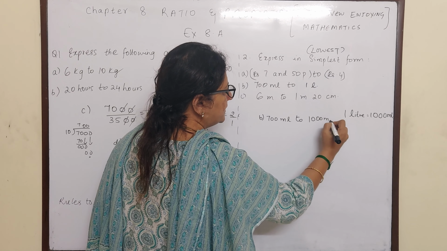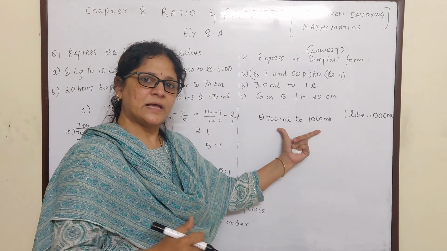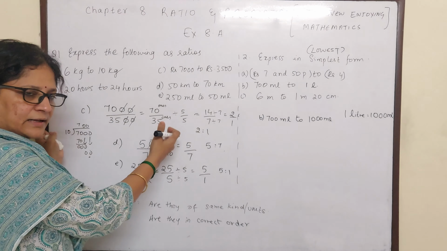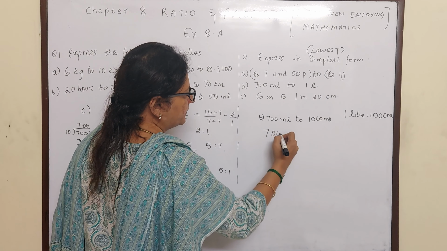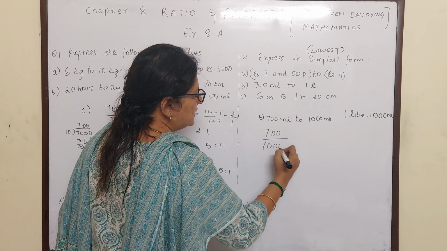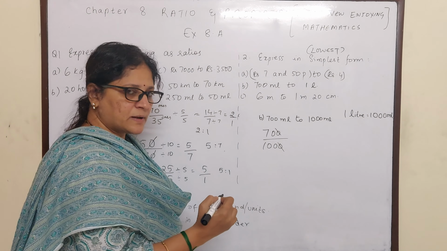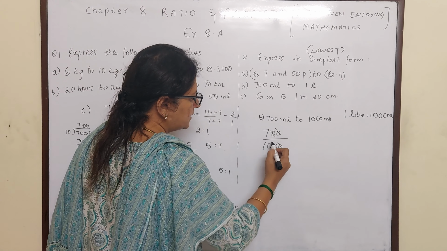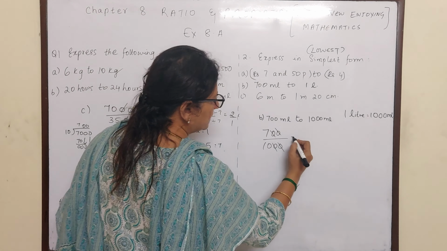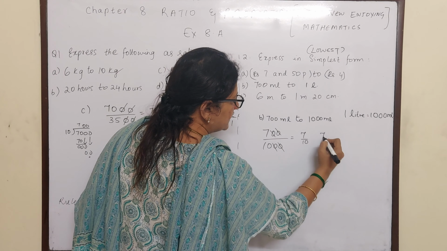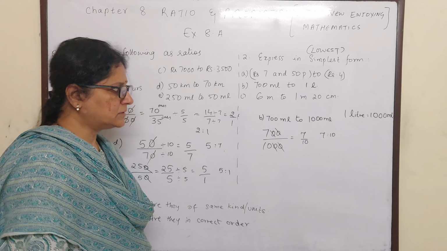Now what have I done here? I have brought this to the same units. After this, proceed like this. 700 by 1000. 1 zero in the numerator gets cancelled by 1 in the denominator, and another 1 zero too. So your answer is 7 by 10, that is 7 is to 10.